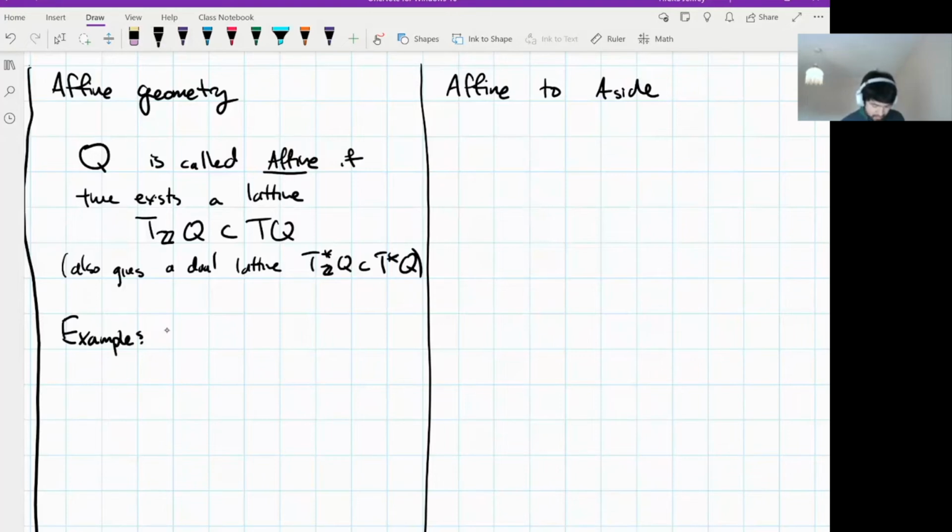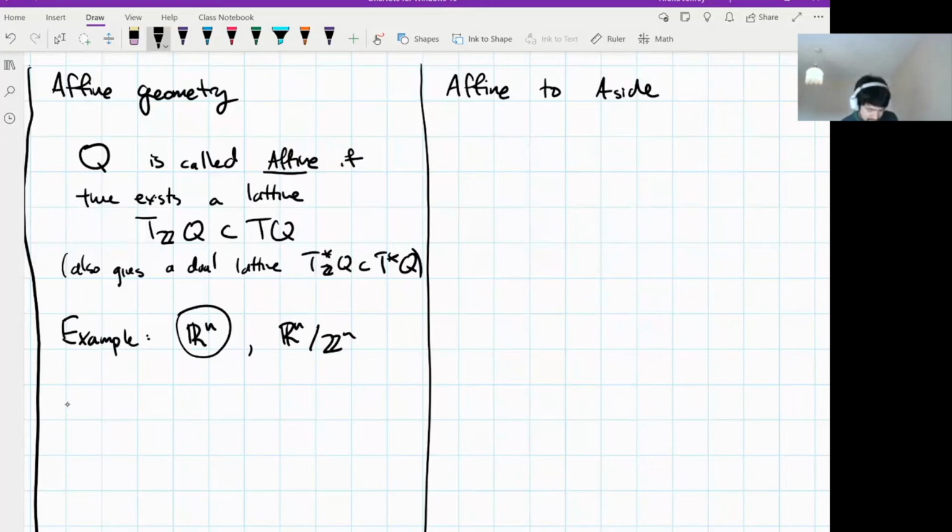The examples that are out there are things like R^n, or R^n mod Z^n, and these are examples of these affine spaces. You can build other ones, but in fact, during this talk and my next talk, I'm only going to be worried about R^n.